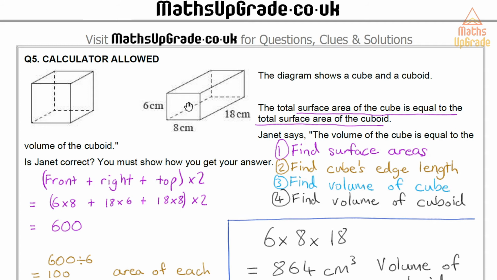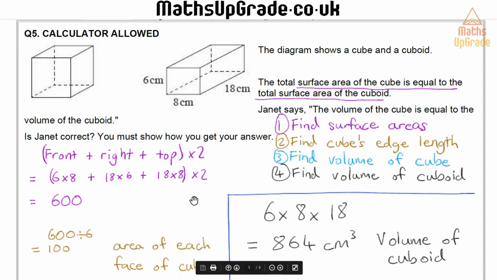So the front face is 6 times 8 as a rectangle, the right hand face is 18 times 6, and the top is a rectangle of 18 times 8. If I multiply those together and times my answer by 2 with a calculator, I get the total surface area of 600 centimeters squared for this cuboid. That is also the surface area for the cube as stated here.